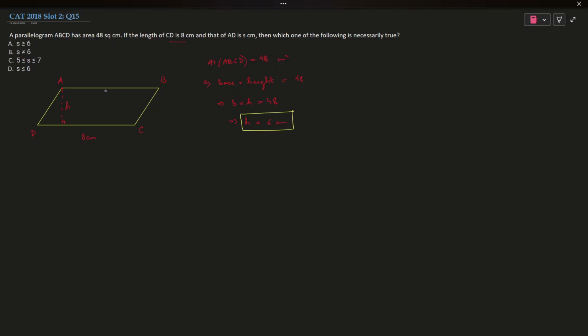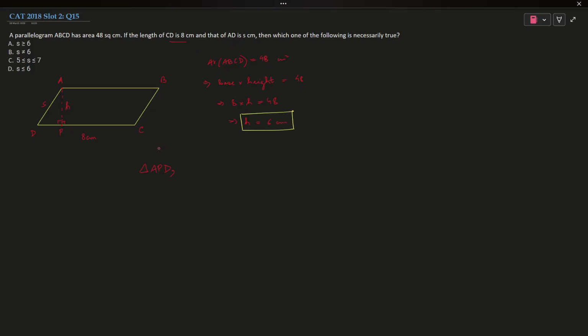Now guys, let's say this point is P. Look at triangle APD. AD is S. This is a right angle triangle, guys.